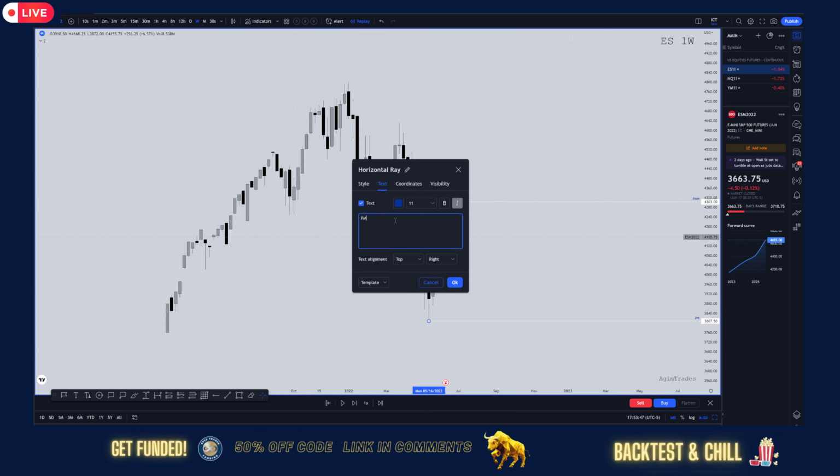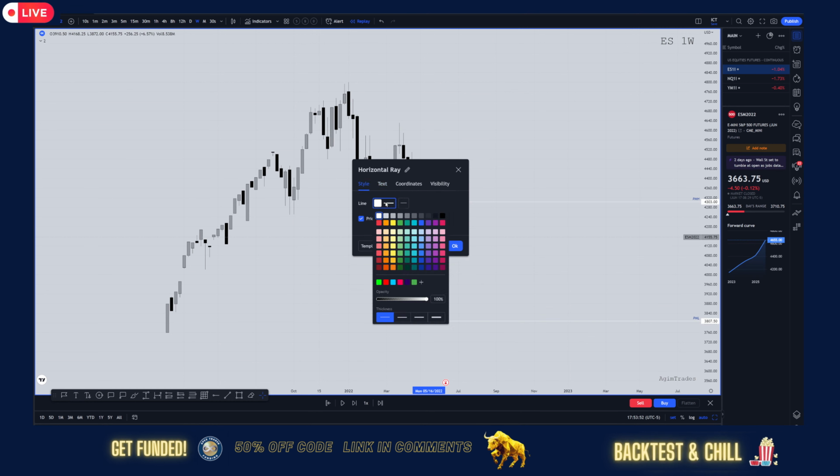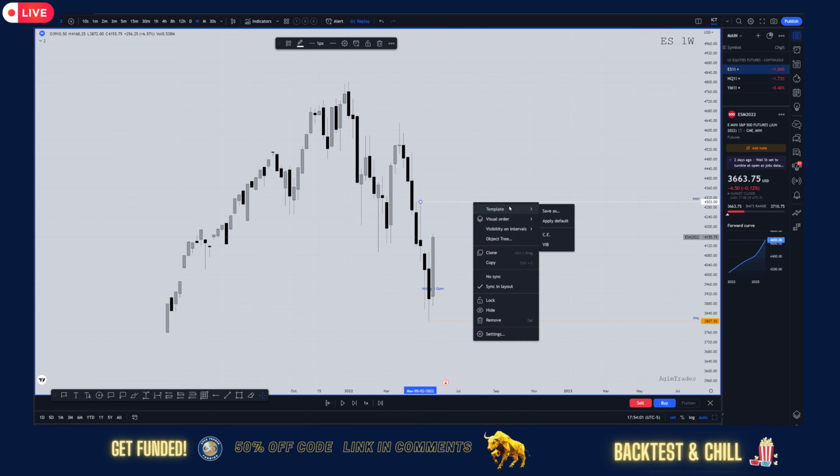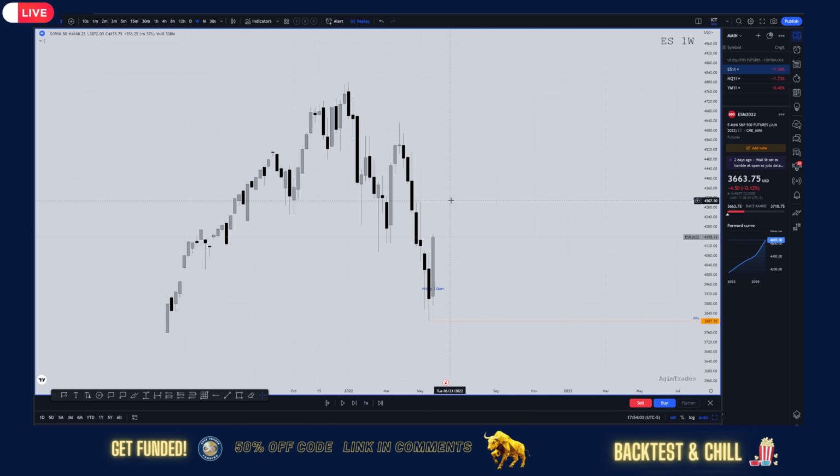Month low. Style. I don't like white. It doesn't print very well. I will print my back tests and charts.